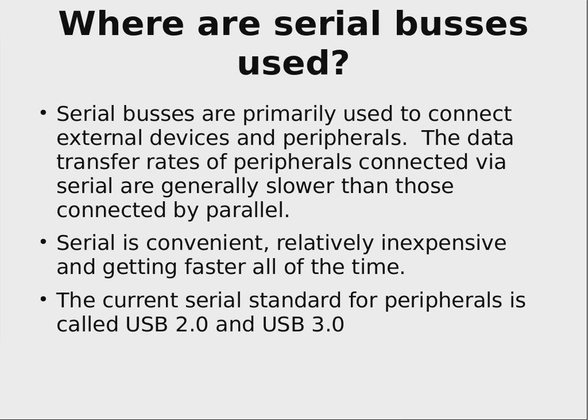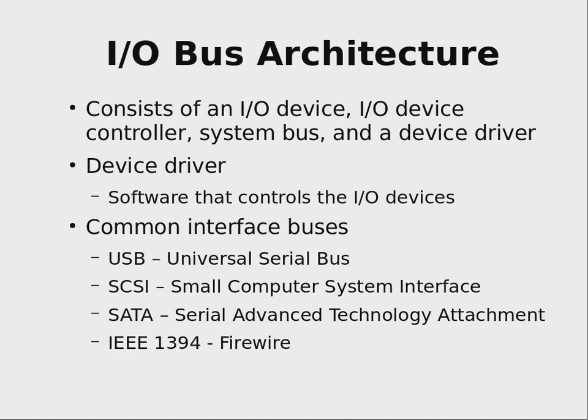For everything else, serial buses are used because they are much more resistant to errors, since you do not have such problems with synchronization of parallel signals at the same time.